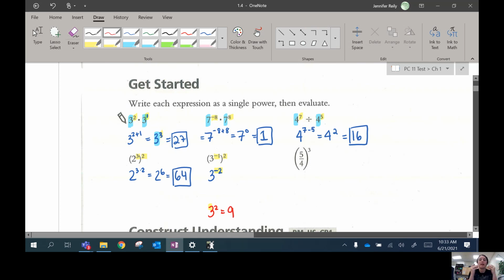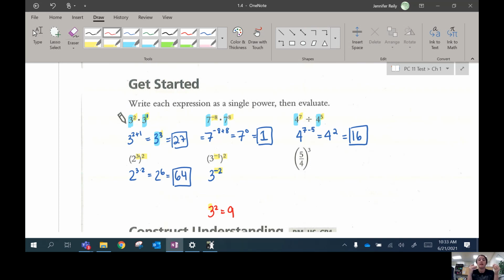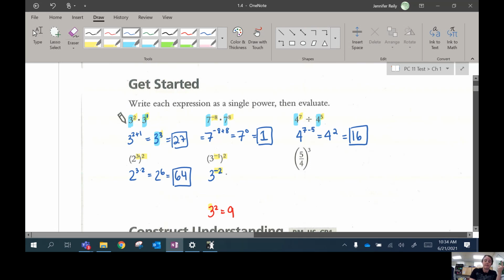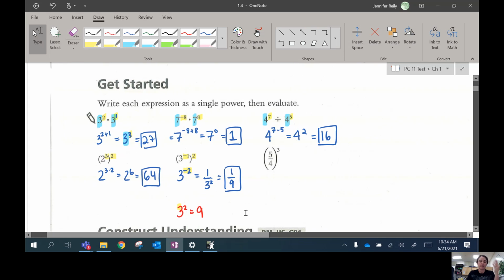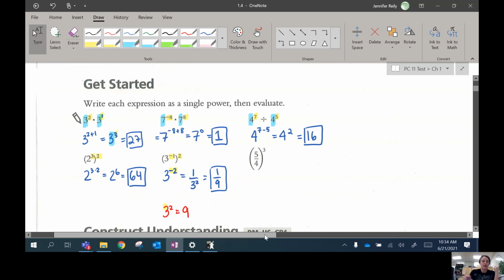What 3 to the power of -2 means is instead of multiplying, we want to do the opposite thing twice. And the opposite of multiplying twice is dividing twice. So it's actually the same as dividing by 3 twice, like this. So it'd be 1/9. You don't get a negative answer when you have a negative exponent. It just means instead of multiplying twice, you want to divide twice, or however many times the exponent is telling you.